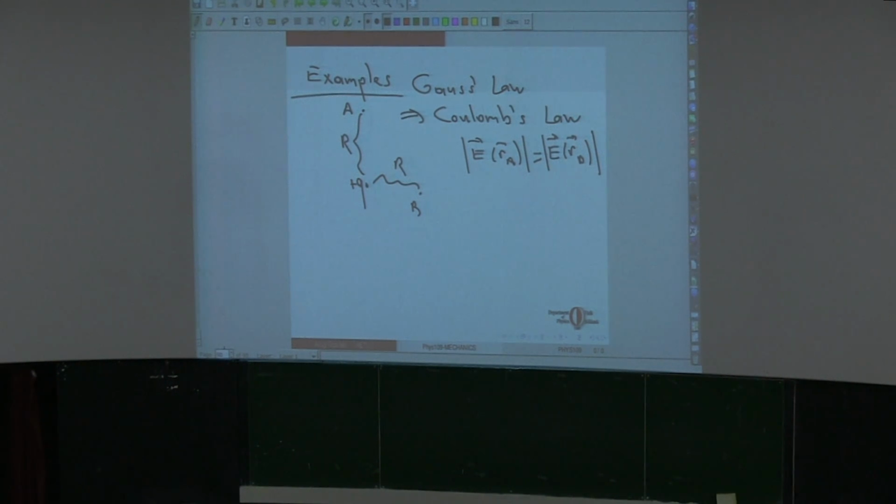What can you say about their direction? Again, you should always think that if you rotate point A to point B, including the direction of the vector, the electric vector at the point A, when it comes to the point B, it should overlap with the electric vector at point B. So your friend is saying, okay, the electric field at point A might be looking in this direction, and then the electric field at the point B will be looking in this direction.